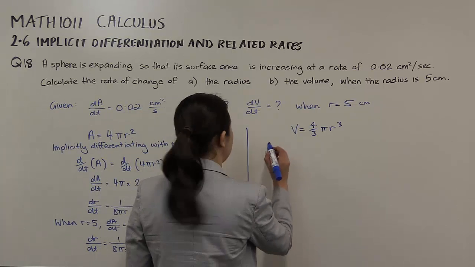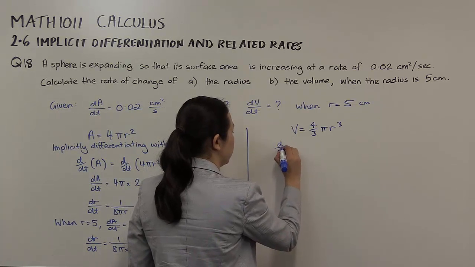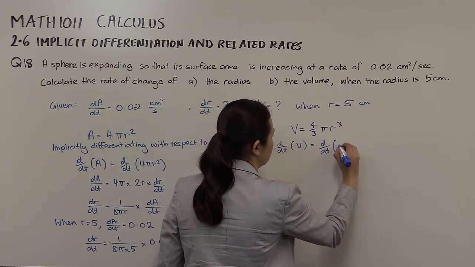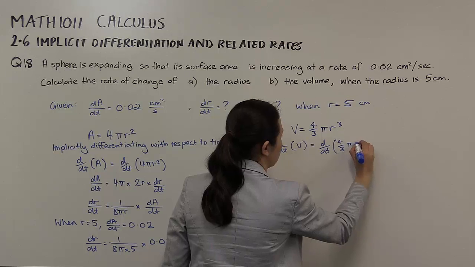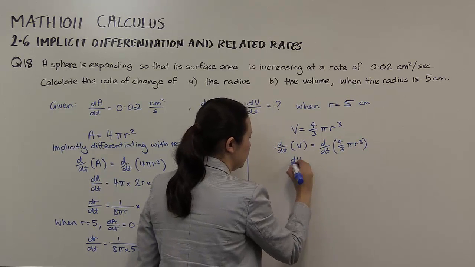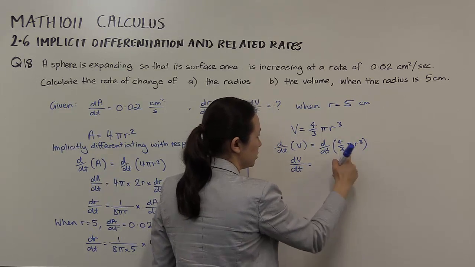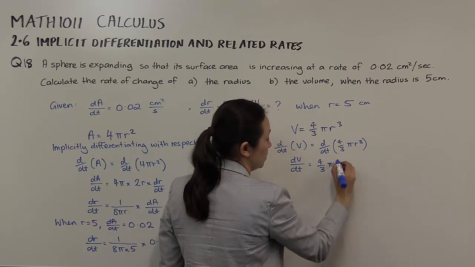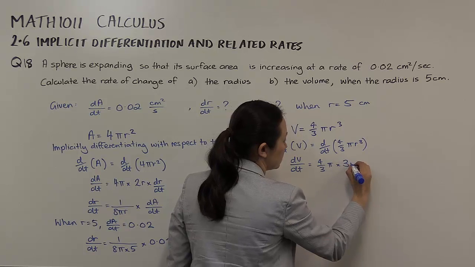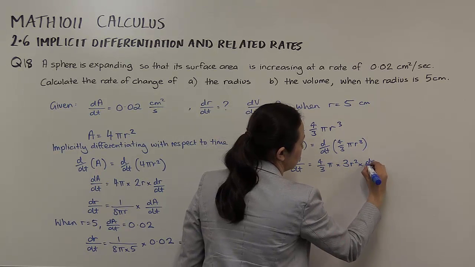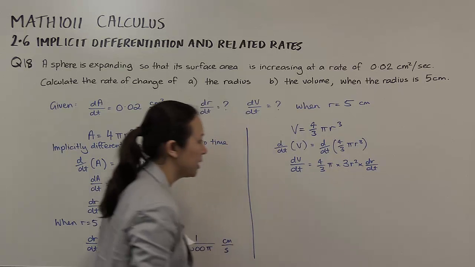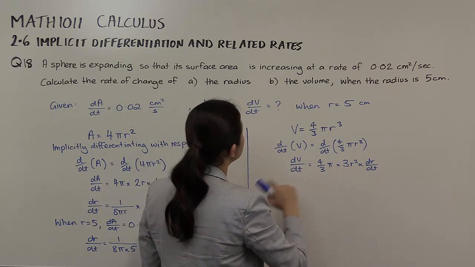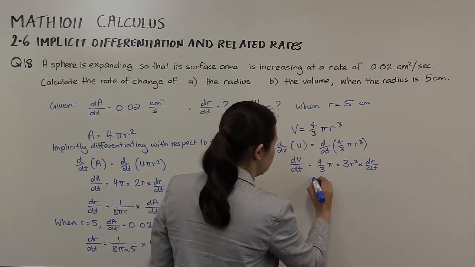So let's differentiate with respect to time again. We're going to find d/dt of both sides here. 4/3 pi r cubed. So dV/dt is equal to 4/3 pi, that's just a constant, times r cubed differentiated with respect to time, which is 3r squared times dr/dt.